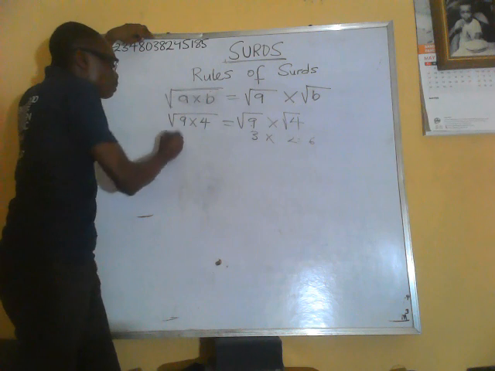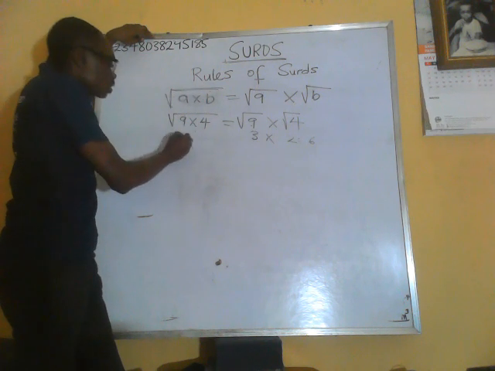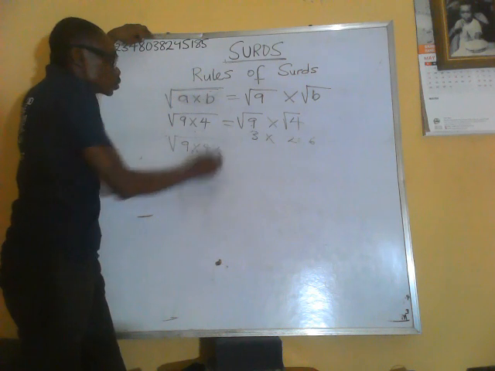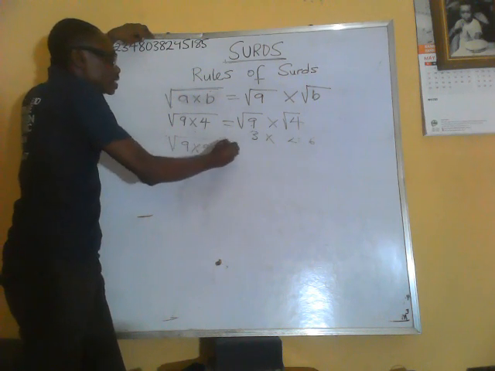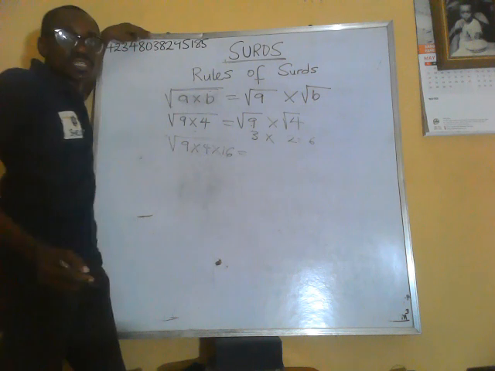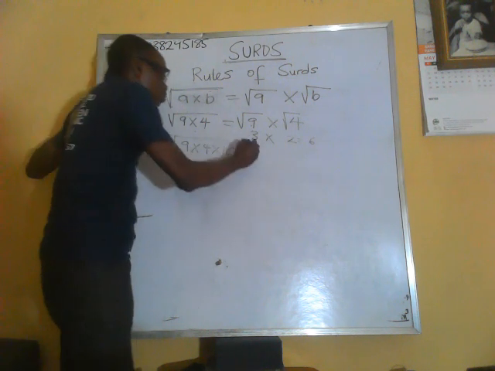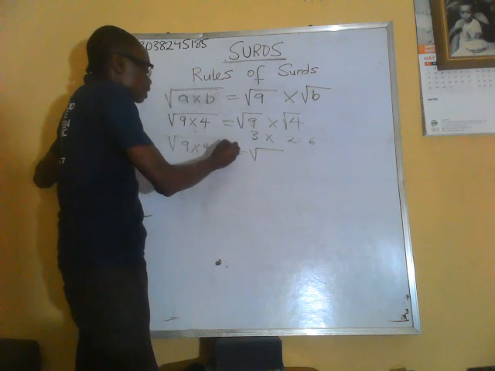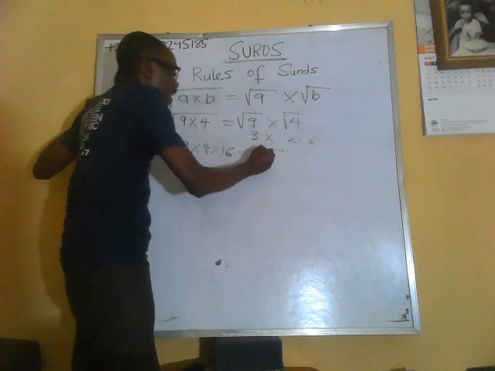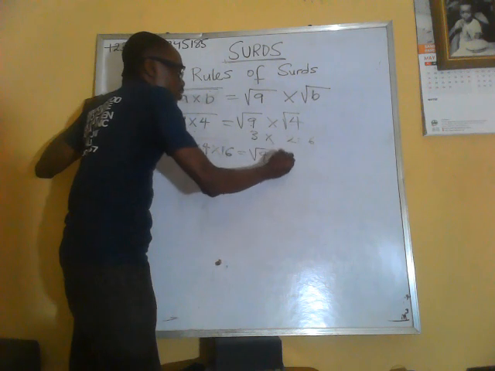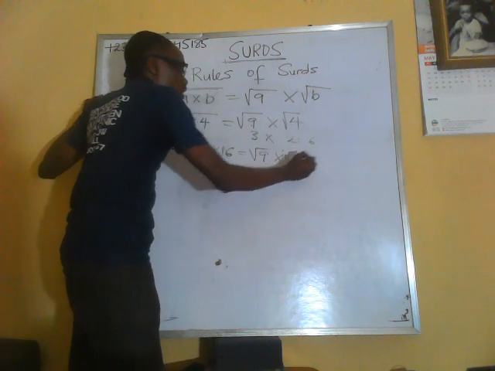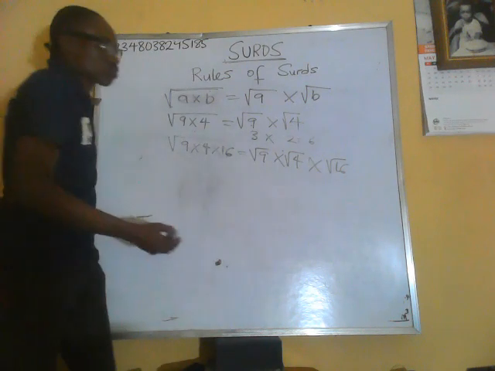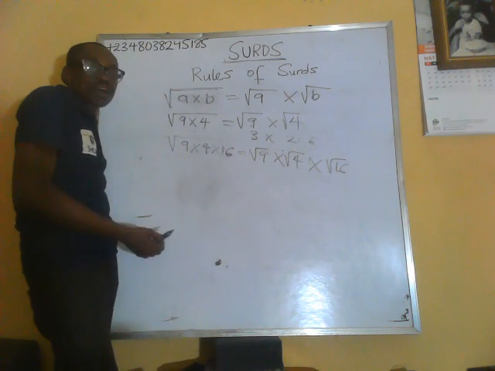If you have more than two, root of 9 times 4 times 16, you can still separate this into root 9 times root 4 times root 16, and then you can go ahead and simplify.